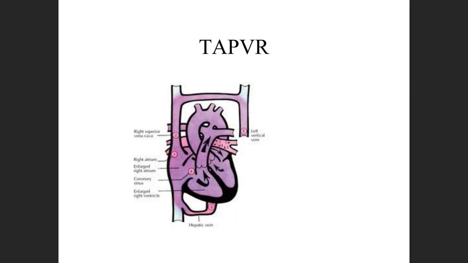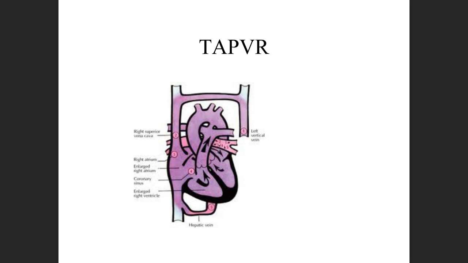When there is obstruction at the point where the anomalous venous return enters the right atrium, it causes a lot of pulmonary venous congestion, and in fact these patients usually present earlier and need more aggressive treatment. So that's total anomalous pulmonary venous return.